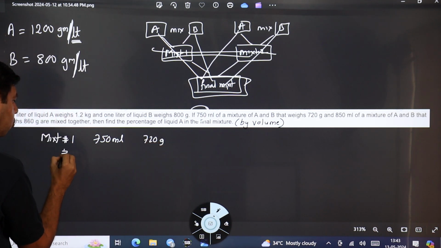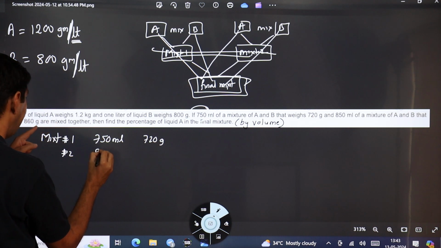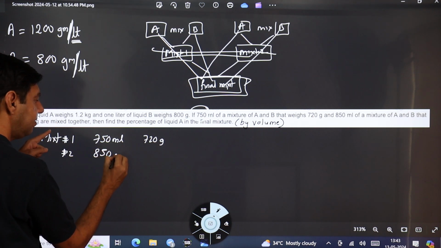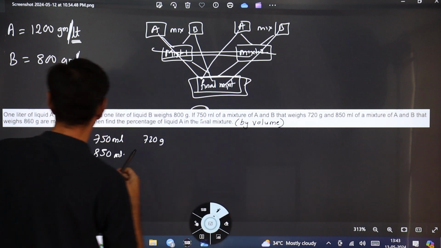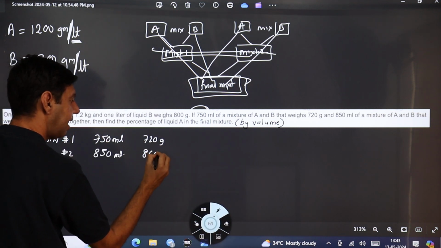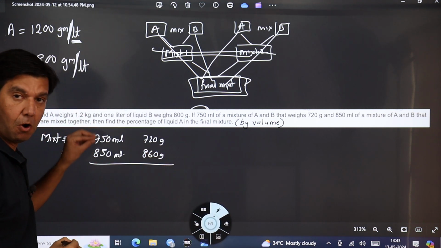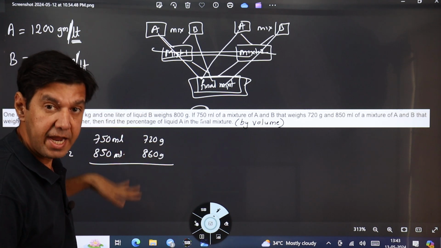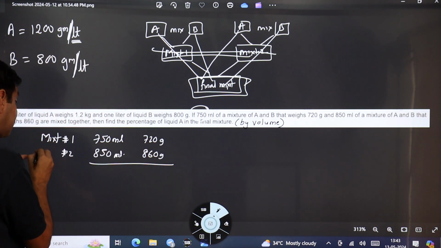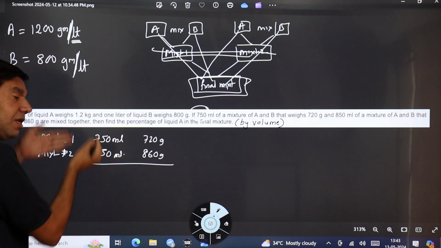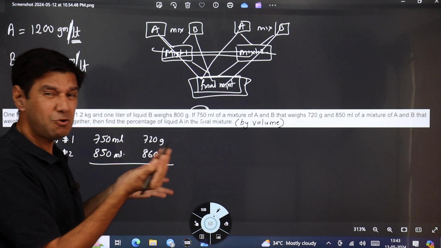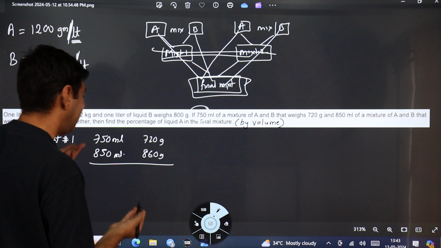And mixture number 2 is by volume 850 ml, and its weight is 860 grams. So I know the volumes and the weights individually, right? And they are mixed. But since I know them individually, I'll just add them up. I'll not go the long way of weighted average and so on.